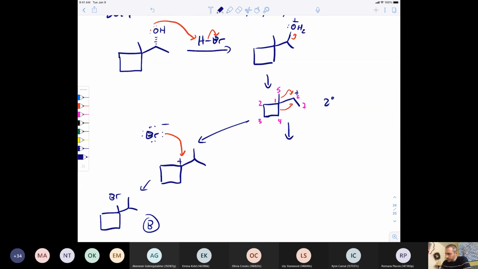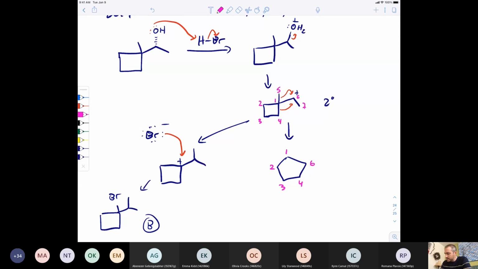So 1, 2, 3, 4, 6. Carbon 1 is still there, 2, 3, 4, and 6 is the new bond that formed.